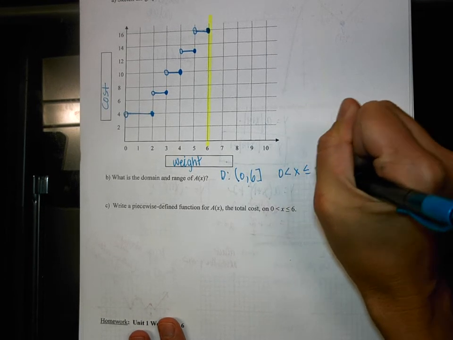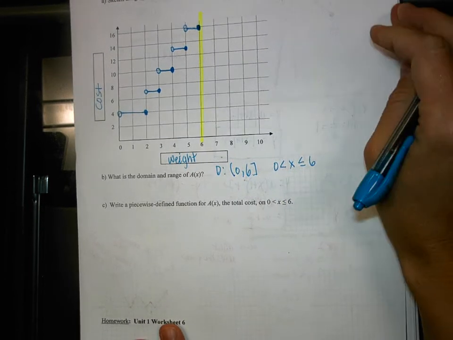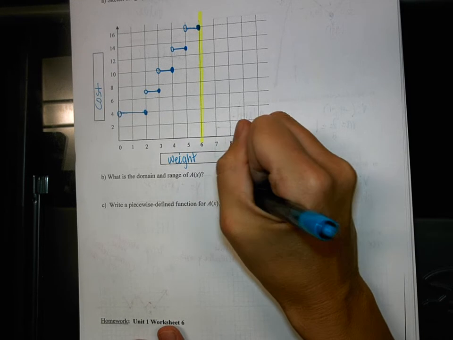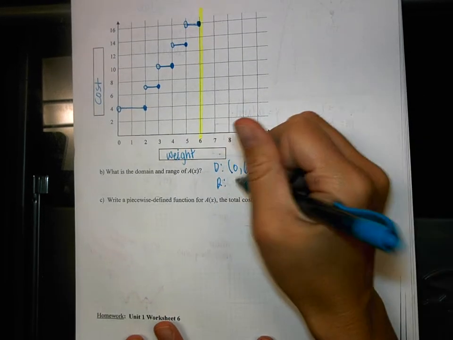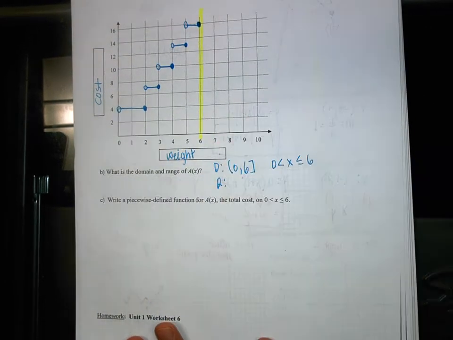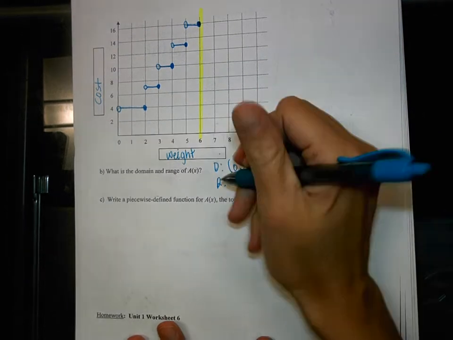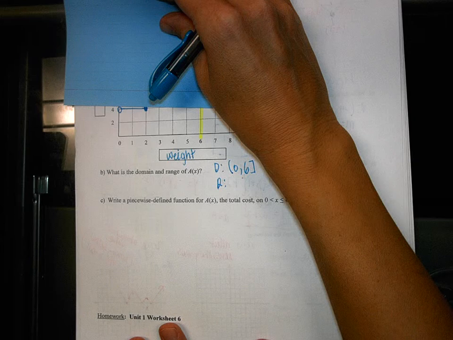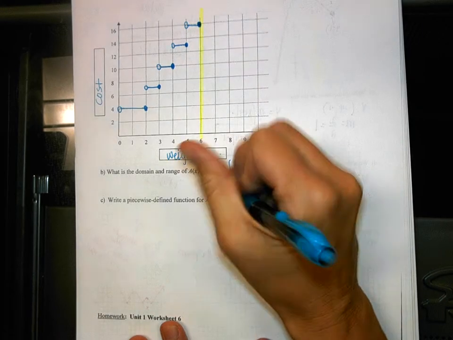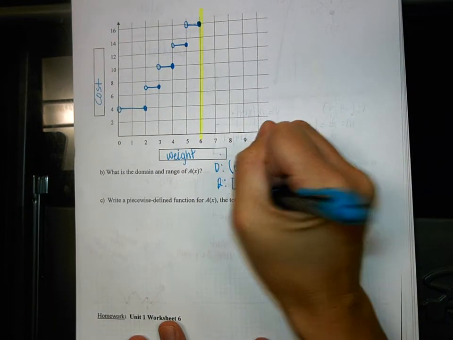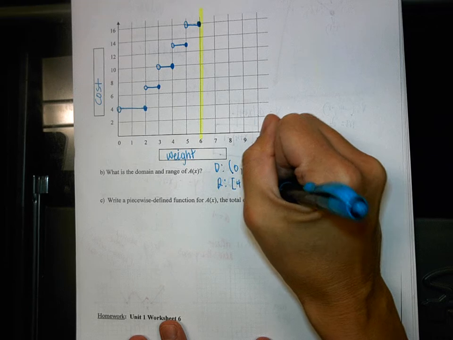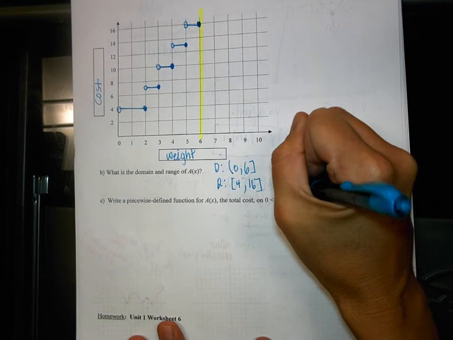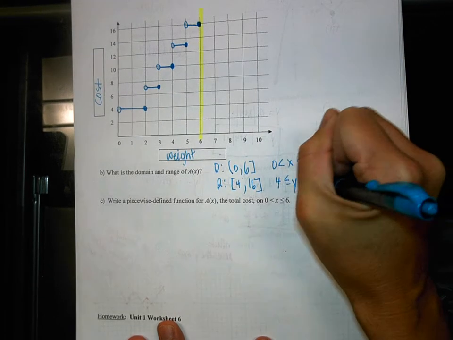The range is from, the smallest range is 4, and even though there's an open circle, there are also other points that are not open. So it's a bracket for 4, and it goes all the way up to 16. And that would look like 4 is less than or equal to y is less than or equal to 16.